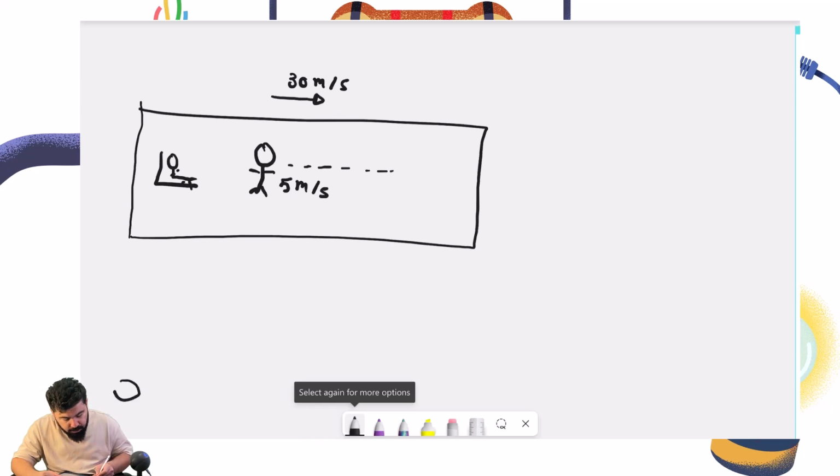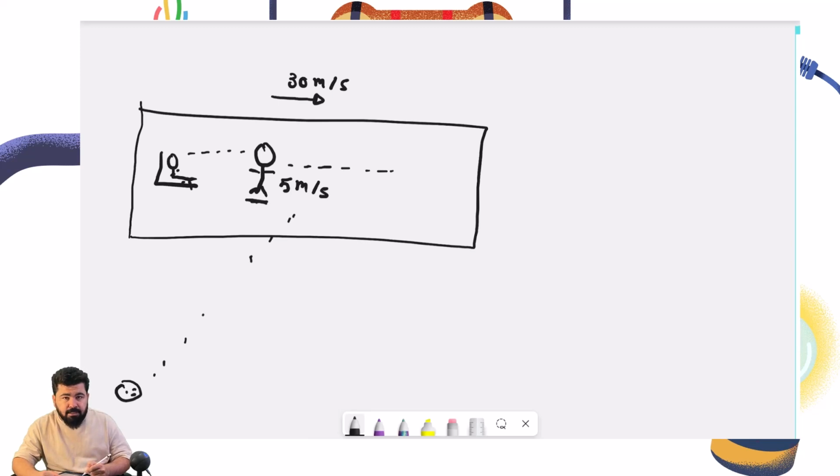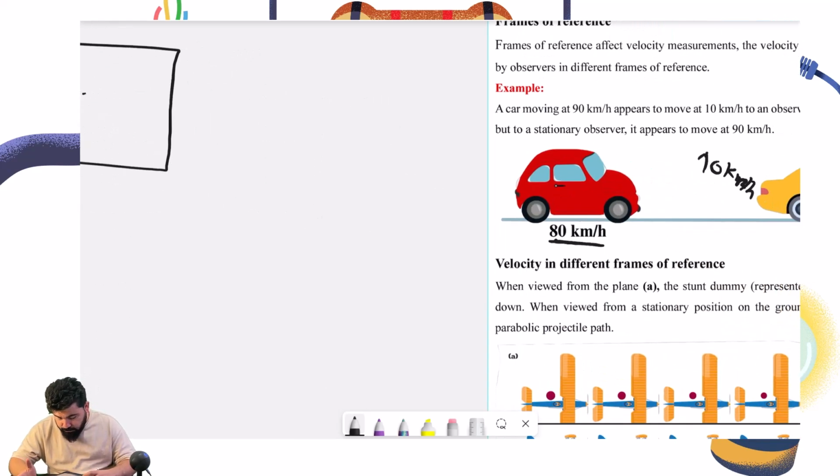Now you are here observing the motion of this guy. Relative to this guy who's in the train, the speed of this one is 5 meters per second. But relative to you, the speed of this guy is 35 meters per second. So look, we took two different frames of reference and we got two different results. So this is basically relative motion.